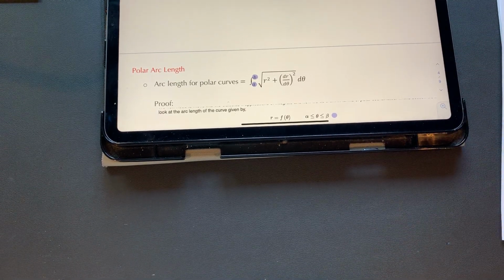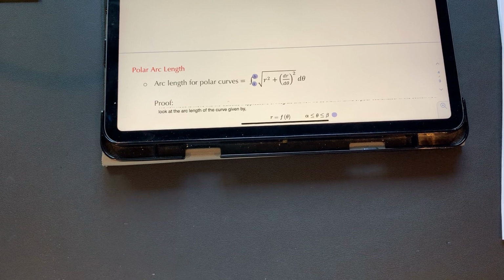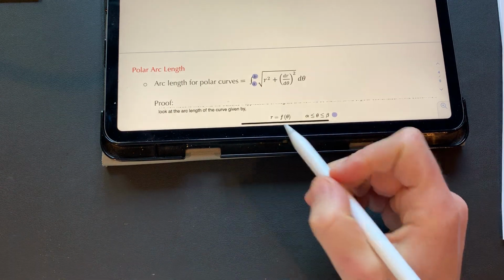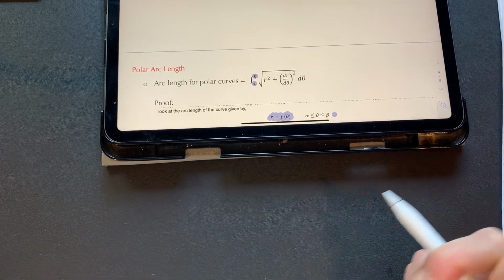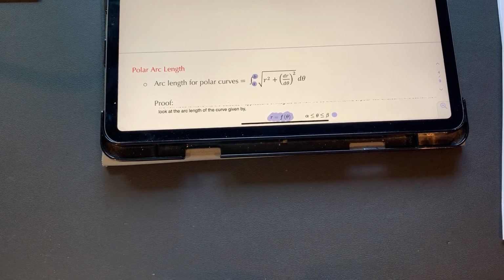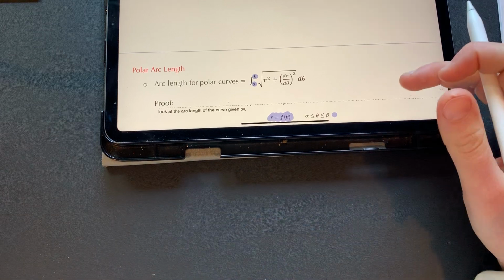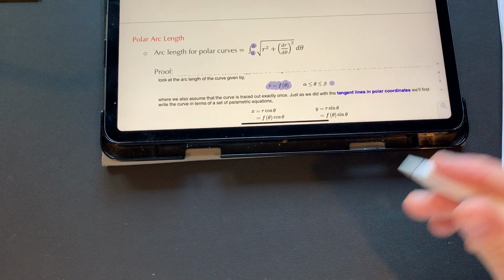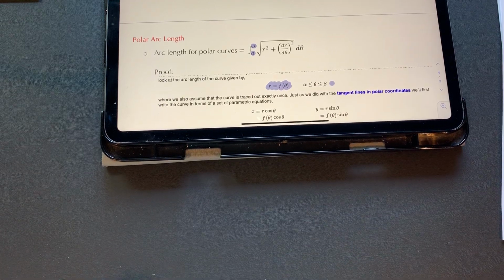We are also going to assume that the curve is traced out once for the proof, just as we did with tangent lines, not for tangent lines, but for parametrics. And just like we did with the tangent lines and polar coordinates, we're going to first write out this polar graph as a set of parametric equations, x and y, where x is equal to r cosine theta and y is equal to r sine theta.